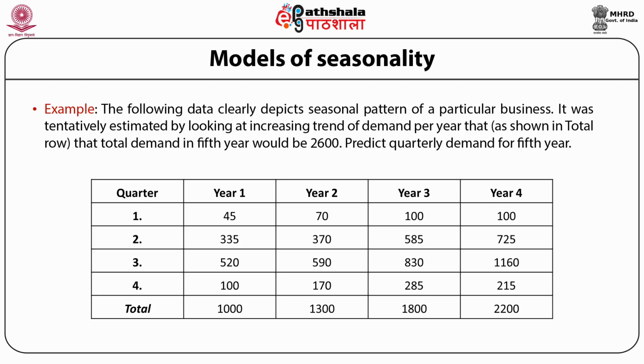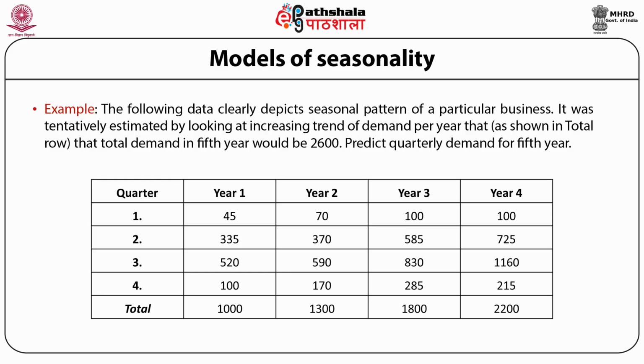The data as shown in the table clearly depicts the seasonal pattern of a particular business. It was tentatively estimated by looking at the increasing trend of demand per year that total demand in the fifth year would be 2600 units. We need to predict quarterly demand for the fifth year. The data indicates demand for each quarter for 4 years. For instance, demand for the first quarter of the first year is 45 units.